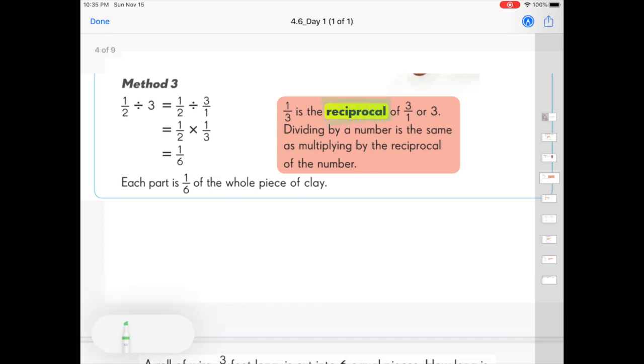And so 1/3 is the reciprocal of 3/1. So reciprocal is we're turning or switching the numerator and the denominator. It's the opposite. And so when we say to find the reciprocal of 3, first we would have to put the whole number over 1. And so the reciprocal of 3/1 would be 1/3.